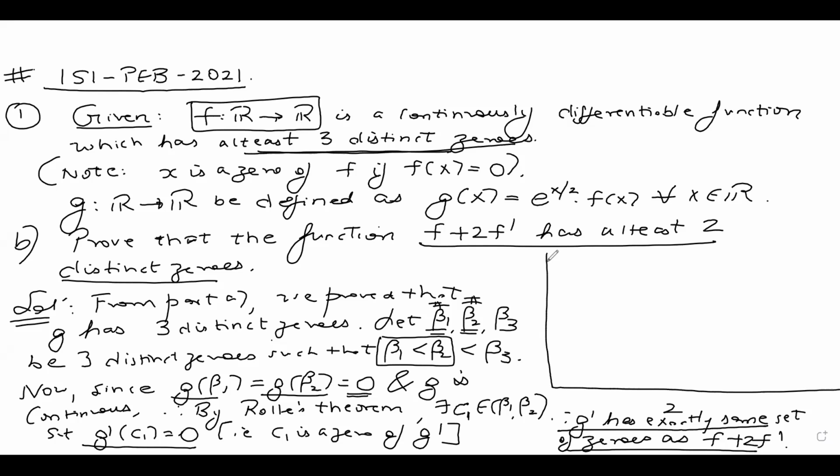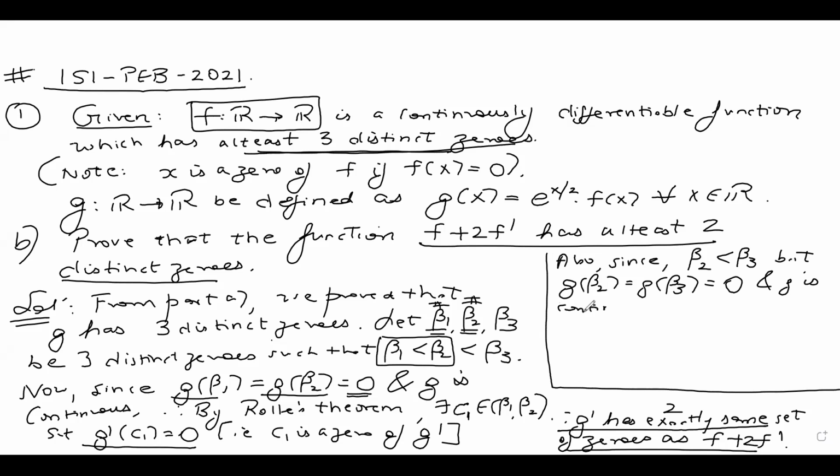So I can write that since beta 2 is less than beta 3, but g of beta 2 and g of beta 3 both are equal to 0, since beta 2 and beta 3 are also zeros for the function g, and g is continuous, again I can invoke Rolle's theorem.